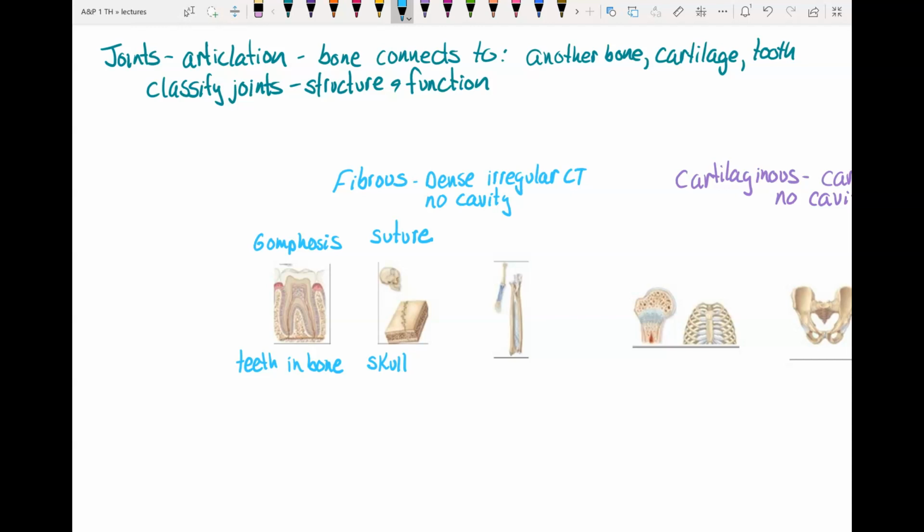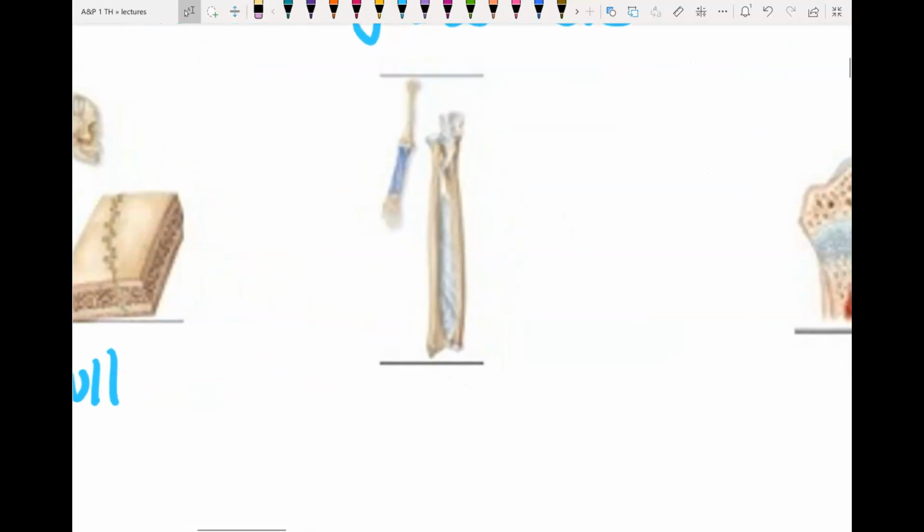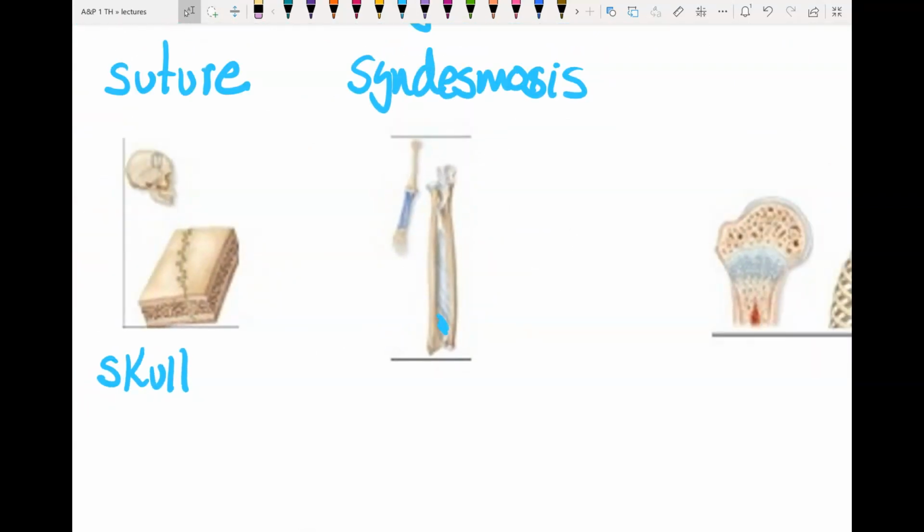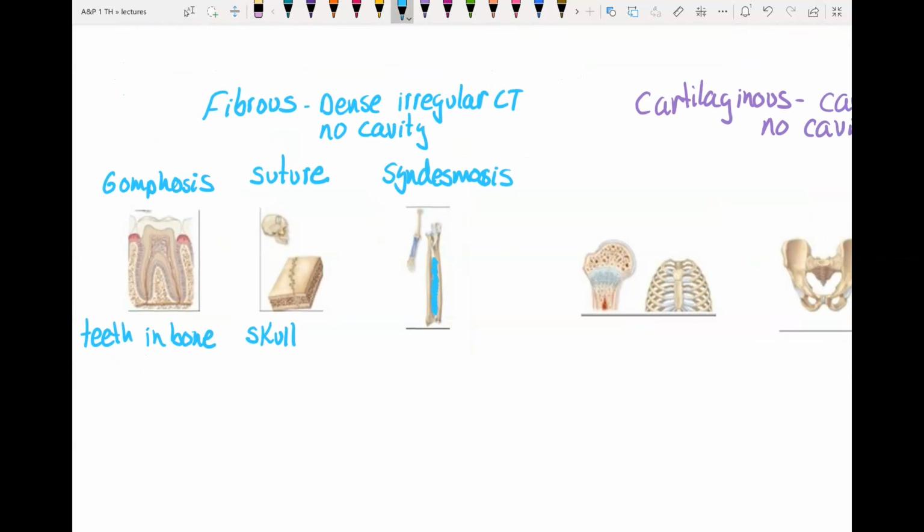And the third one is syndesmosis. This is when two bones are connected along their length. So there's this sheet of tissue here between these bones that is called an interosseous membrane.